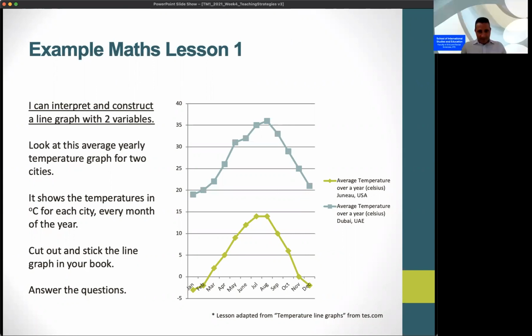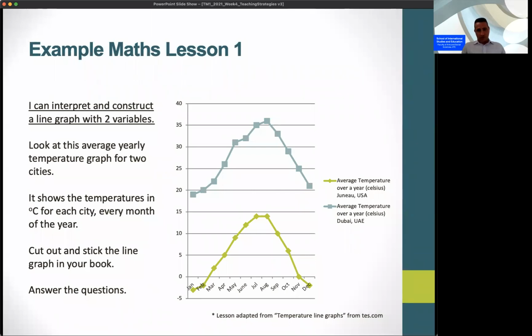Well, as we move from January to February to March to the middle of the year, obviously the average temperature is increasing. And then from about July, August, the temperature decreases.